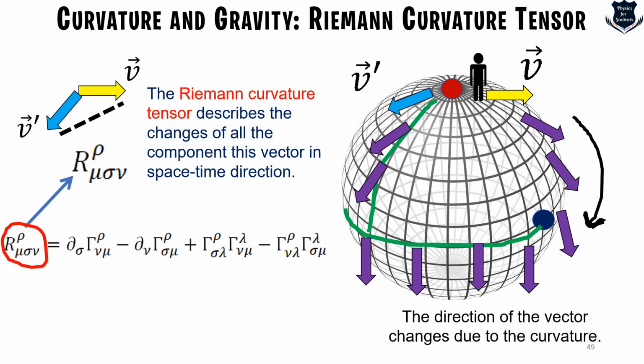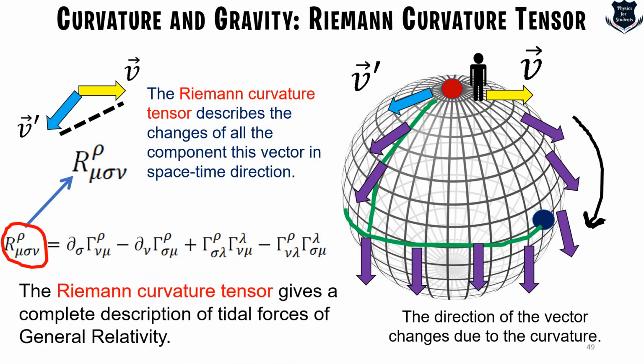This denotes how much the vector has changed due to curvature from its original position, when it came back in its changed position. If there is no change of vector, that means the parallel transport is successful. But here we see a change. So the Riemann curvature tensor describes this, and it also describes the tidal forces in general relativity.